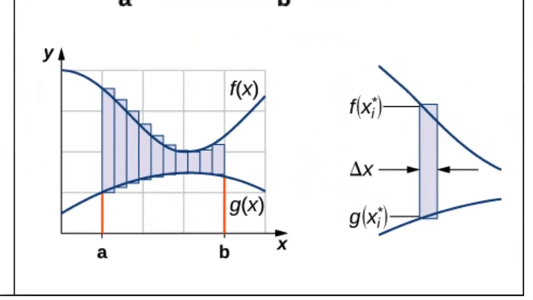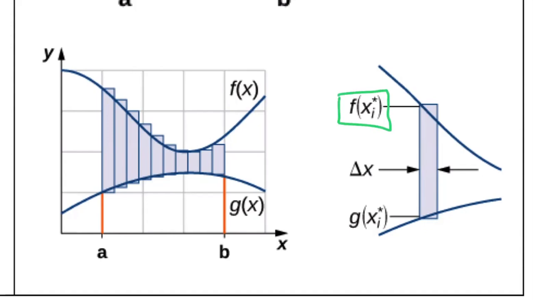In this picture, they've shown us that they've sectioned off the a and b. We've got our starting point, our ending point, and they've drawn a few of these rectangles in that space. And if I look at just one rectangle, any one of those rectangles, here's what I see.